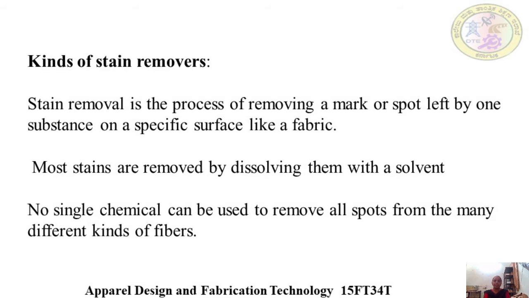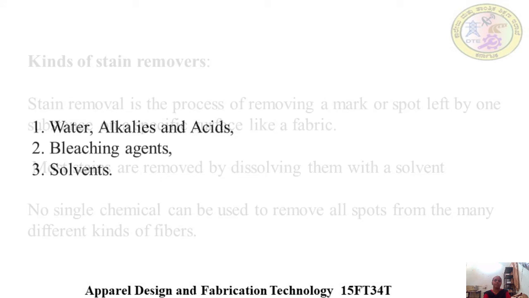No single chemical can be used to remove all spots from the many different kinds of fibers. So depending upon the fiber content, you have to choose the particular remover for a particular stain, to remove that unwanted spot or mark easily.